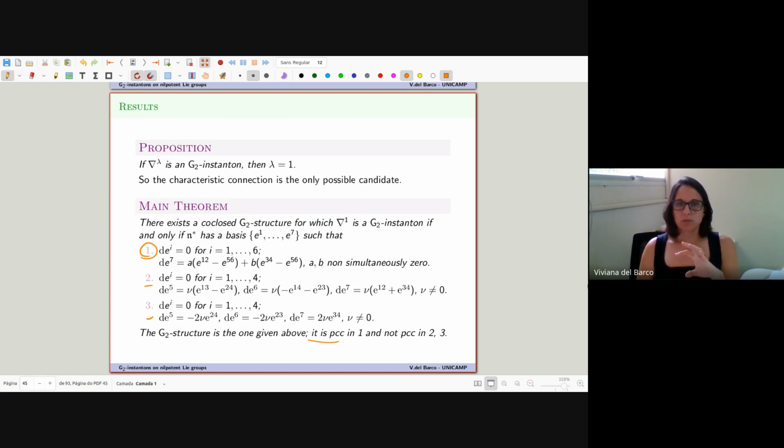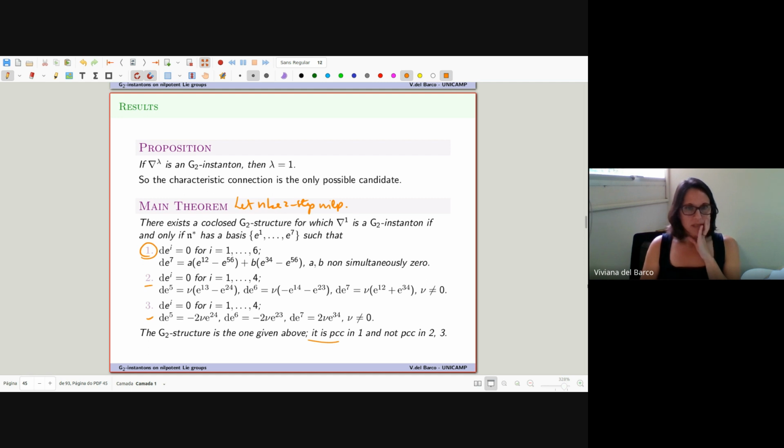So as you see, we were able to solve the problem for the characteristic connection on two-step nilpotent algebras. So this is a classification.